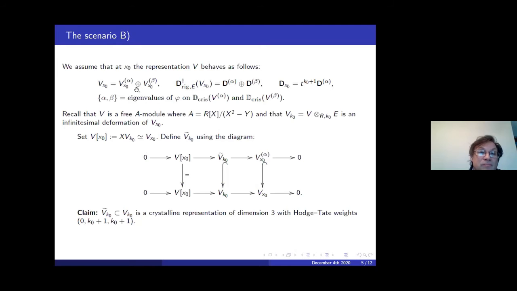We have a decomposition of V x0 into two one-dimensional representations, and using the deformation of V x0, we construct a map from the crystalline module of a first term to the crystalline module of a second summand.